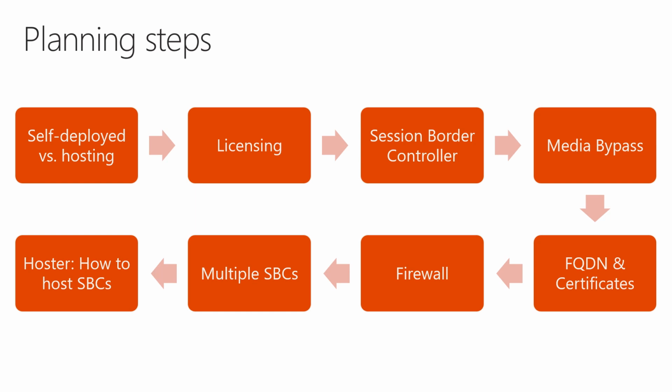Then you need to choose the session border controller, which model you are going to use. After that, you need to decide if and how you want to configure media bypass. Then you need to configure your FQDNs and certificates. You need to configure your firewall. You need to decide how many SBCs you want to have and how you configure them. And finally, if you're a hoster, you need to figure out how you want to host the SBCs.